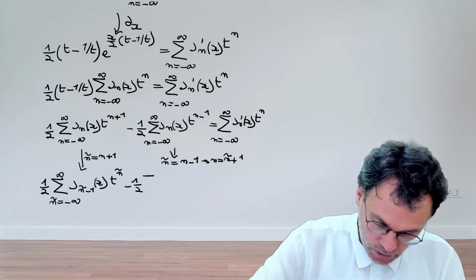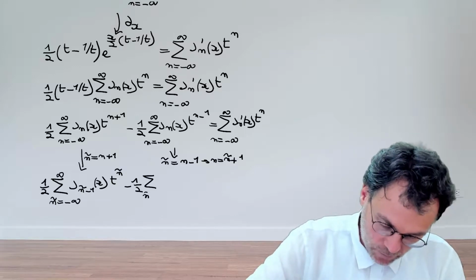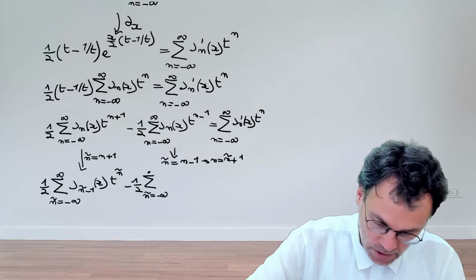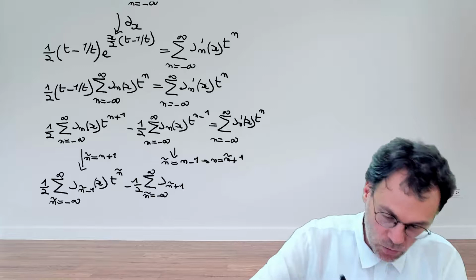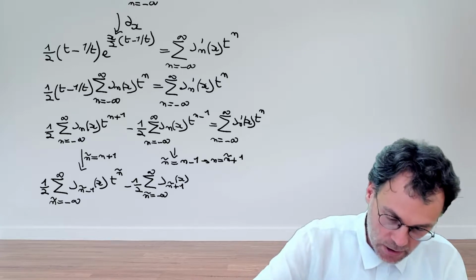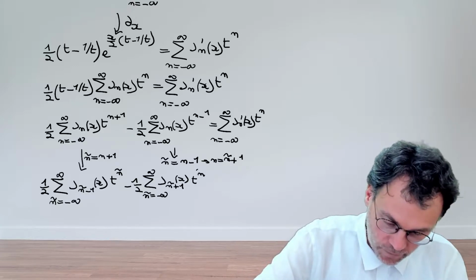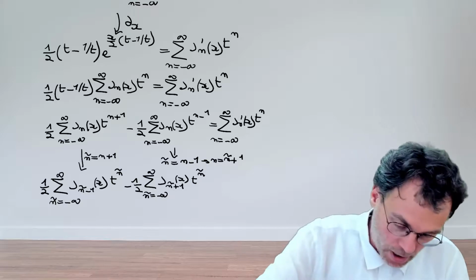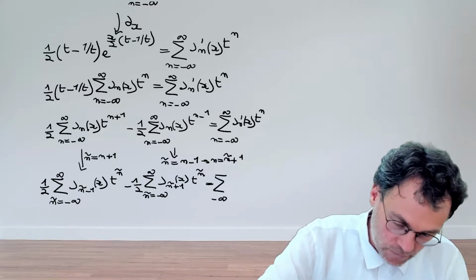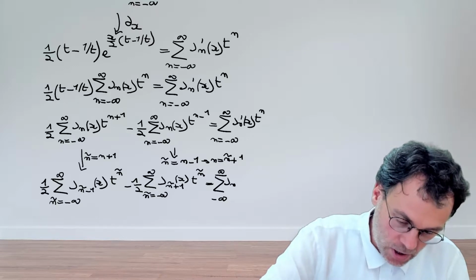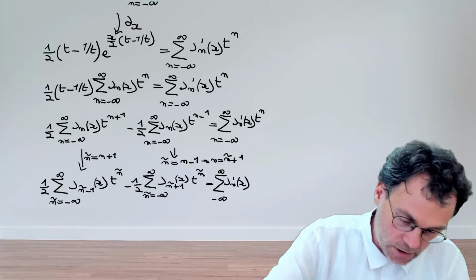Okay, moving on. Summation again from minus infinity to plus infinity, J_{n tilde plus 1}(x) t to the power of n tilde. And then finally the right-hand side, just copy paste, the sum of J_n'(x) t to the power of n.